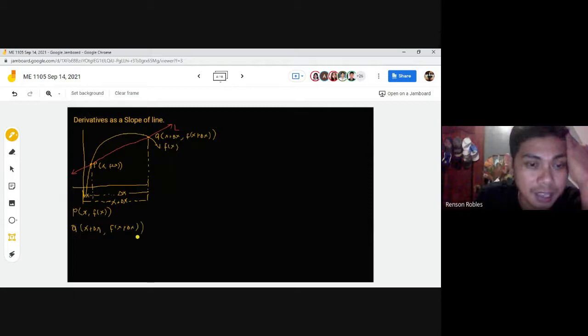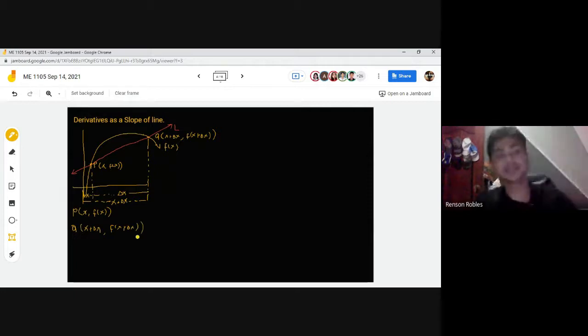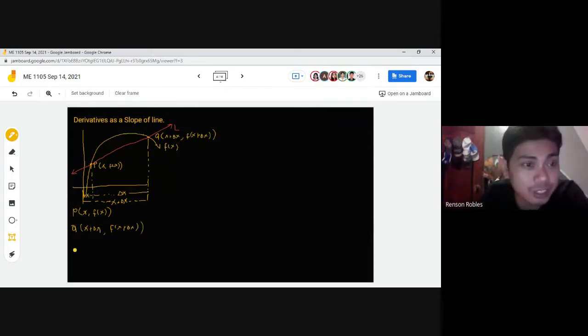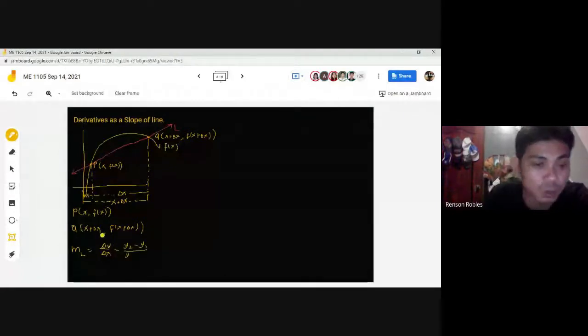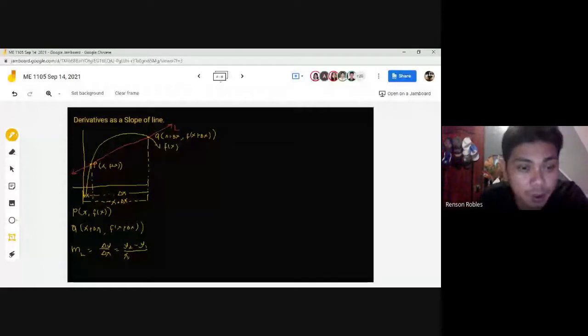Then we now get the equation of the slope of line L. You recall that the slope is delta y over delta x, or the change in y over the change in x, or y2 minus y1 over x2 minus x1.